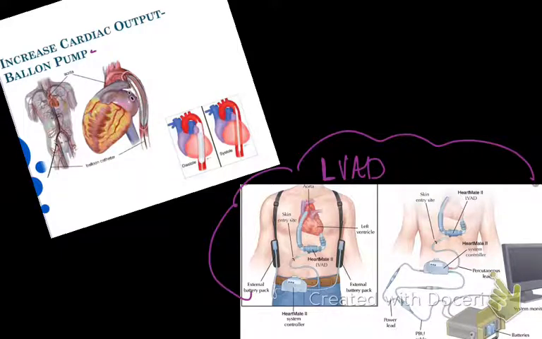And then just be aware of the contraindications. If someone's got brain damage or they've got a terminal disease or something like that, or aortic insufficiency, they're probably not going to be a candidate. So just keep that in mind as well. There are some reasons why it would be contraindicated.